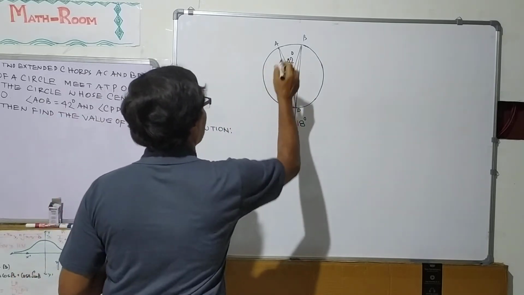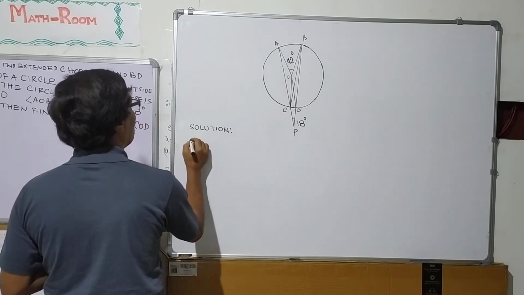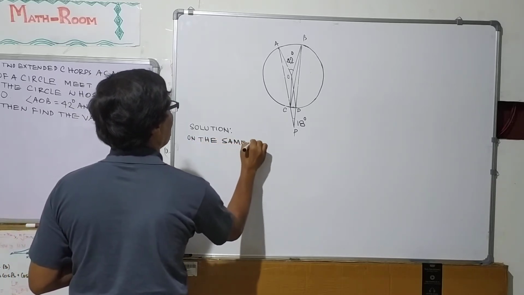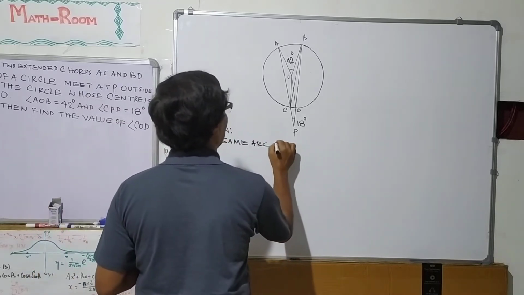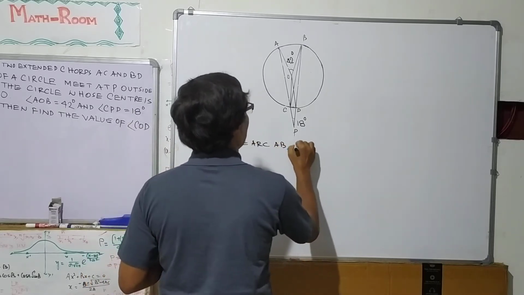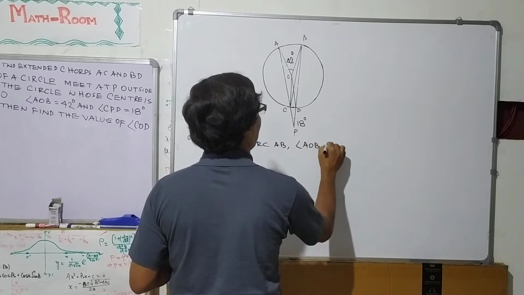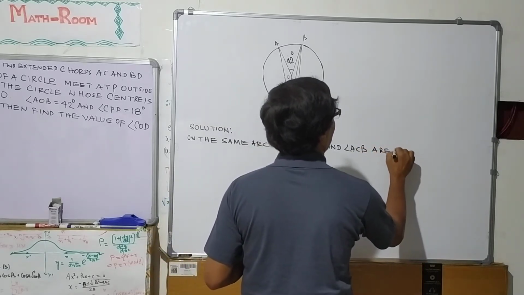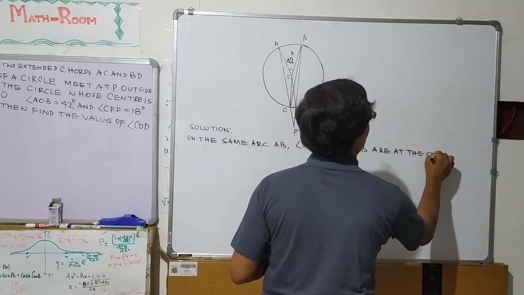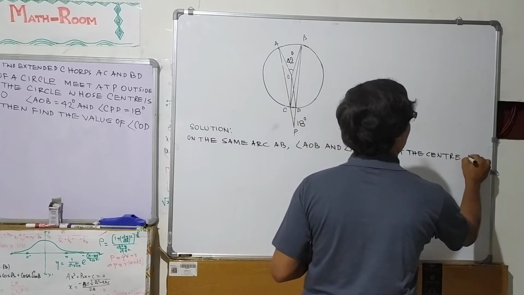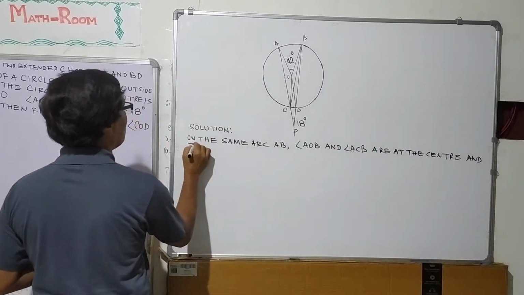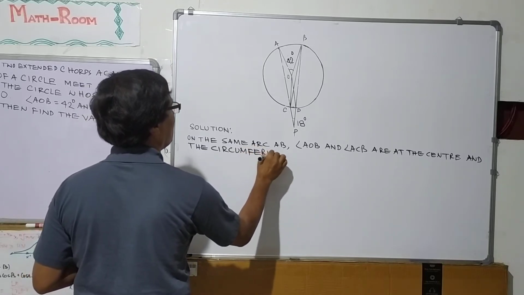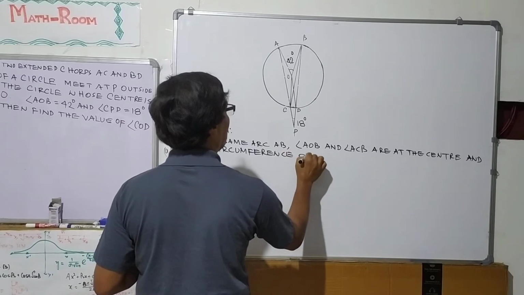Now, on the same arc AB, angle AOB and angle ACB are at the center and the circumference of the circle.